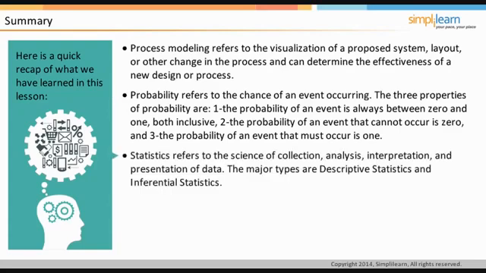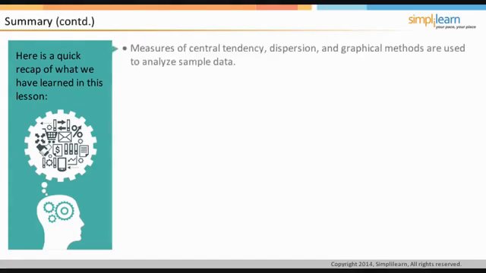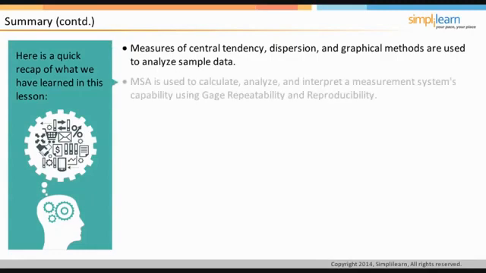Statistics refers to the science of collection, analysis, interpretation, and presentation of data. The major types are descriptive statistics and inferential statistics. We will continue reading the summary in the next screen. Measures of central tendency, dispersion, and graphical methods are used to analyze sample data.